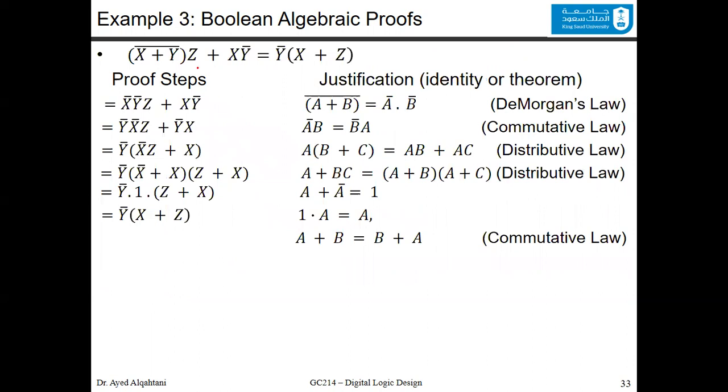Another proof, if you were asked (X or Y) all bar ANDed with Z, or X ANDed with Y bar, and you were asked to prove that it's equal to Y bar ANDed with (X or Z). To prove this, we choose to start with one of the sides, either the left-hand side or the right-hand side.